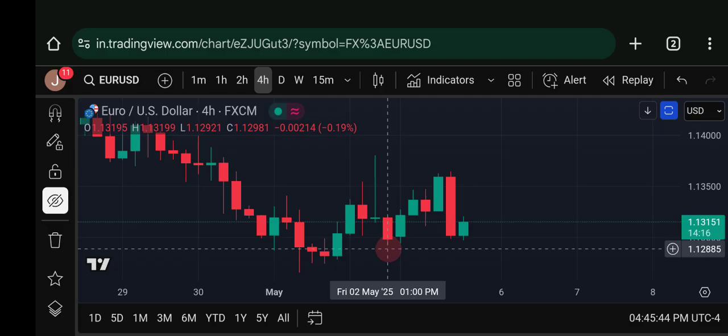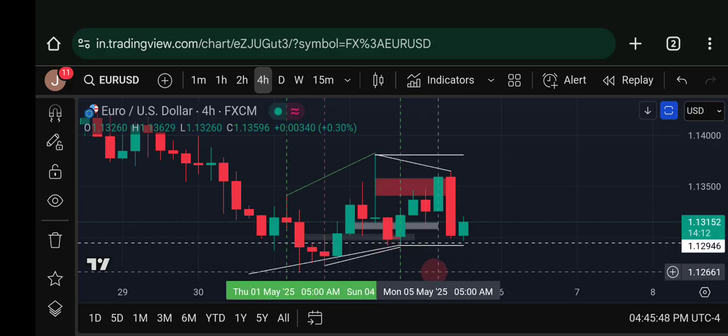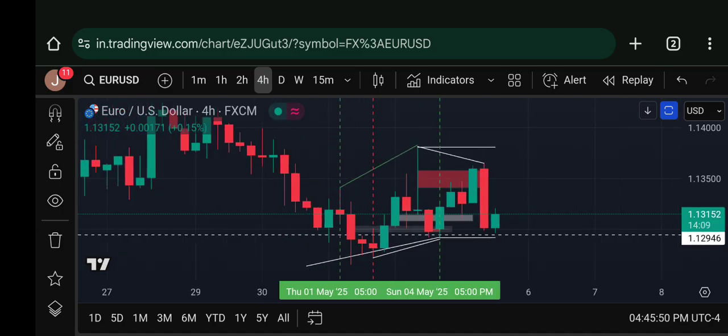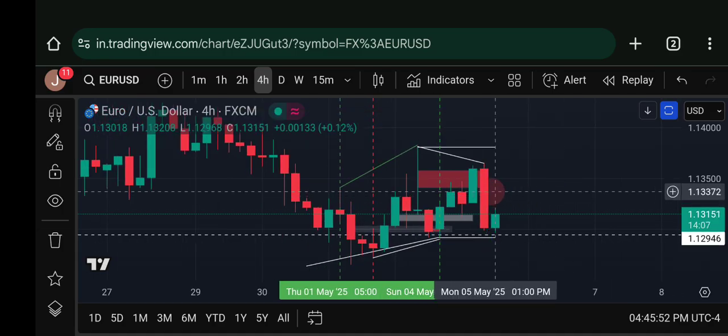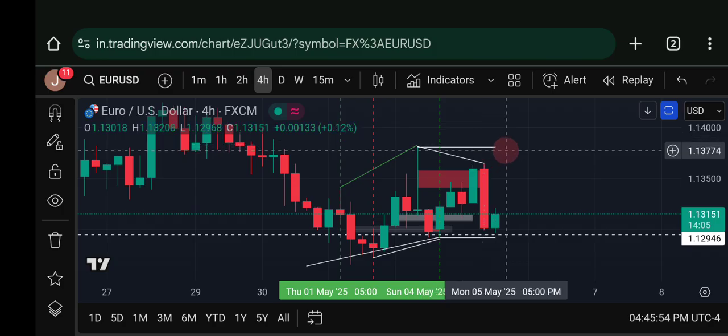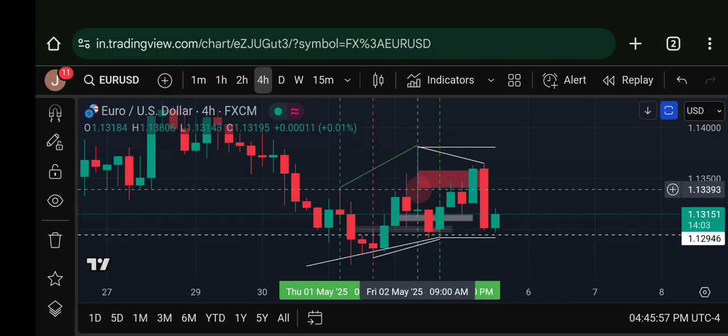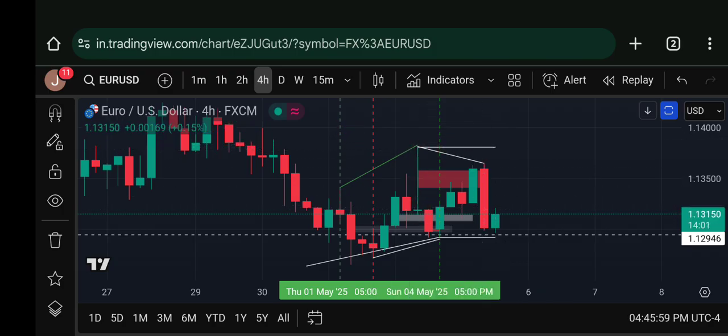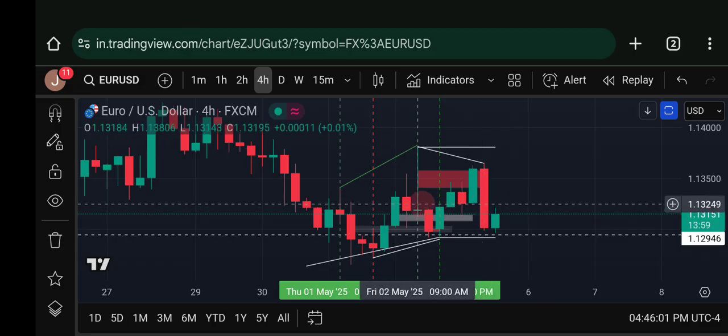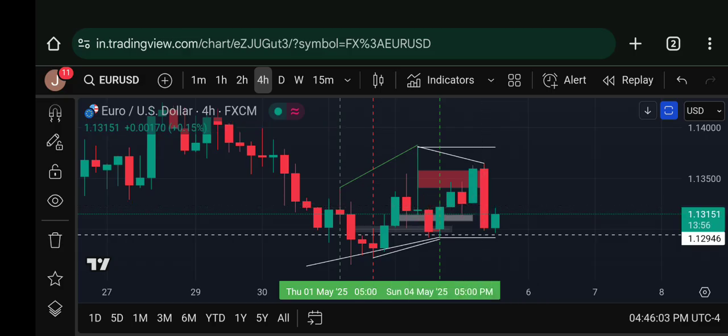What is this low? 1.1291. First 1.1291, and then it will move above this high, that is 1.13806, guys. Mark my words, that's what will happen tomorrow.